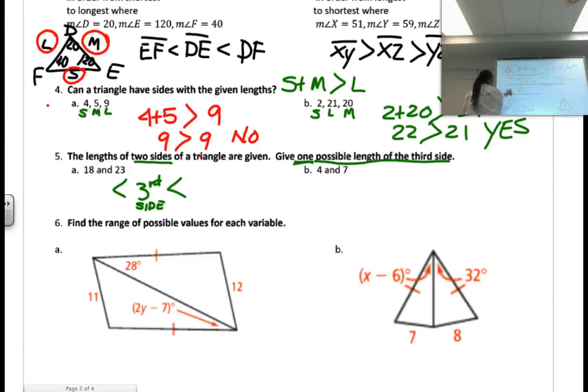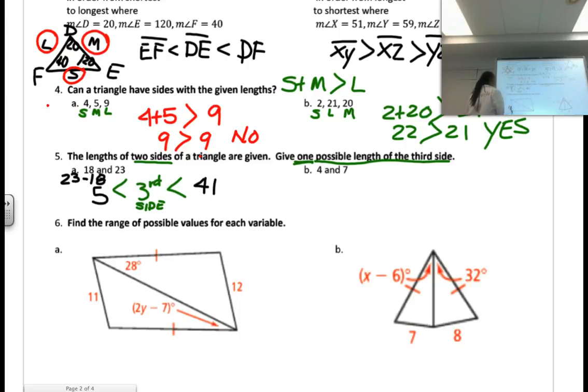On the less than side, we're going to take the difference of 18 and 23. So 23 minus 18, and that's 5. And then over here on the other side, we're going to do 18 plus 23, and that should be 41. So now we have to pick a number somewhere greater than 5, but less than 41.